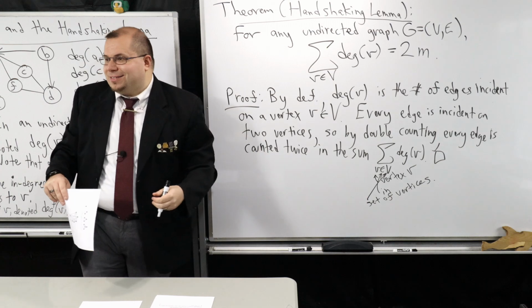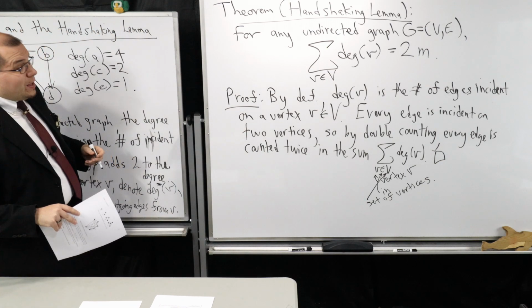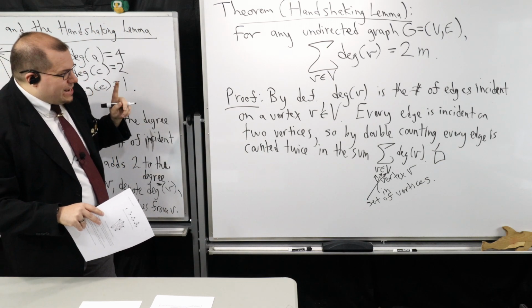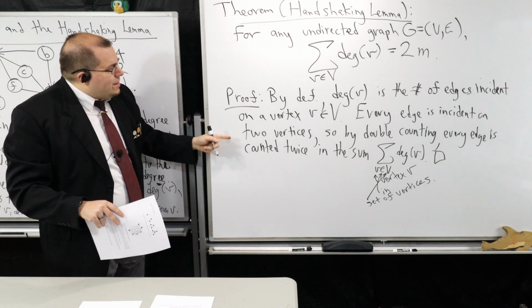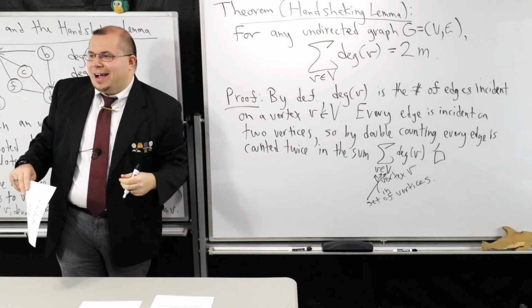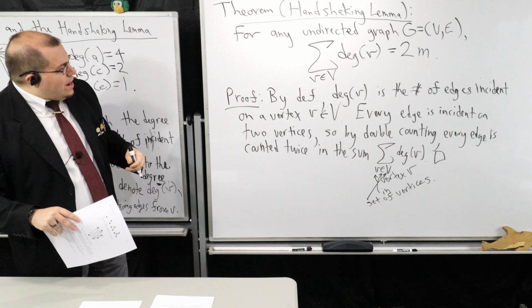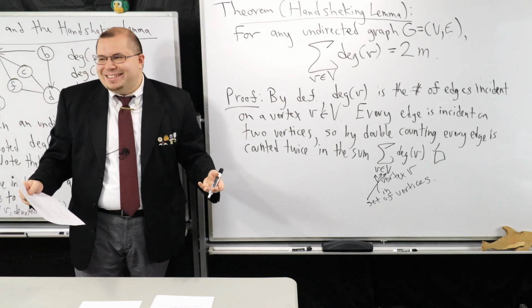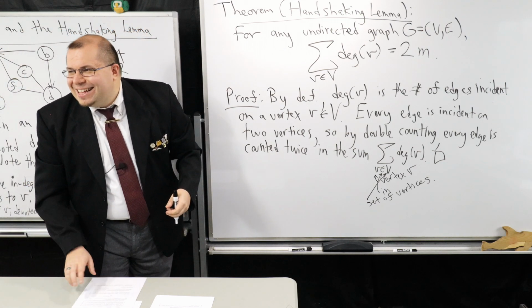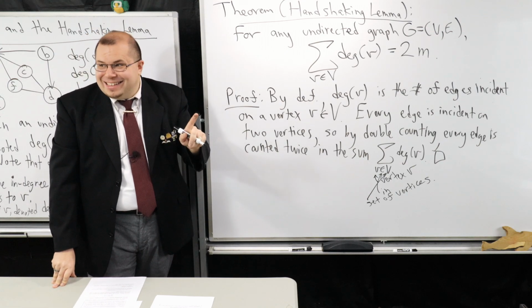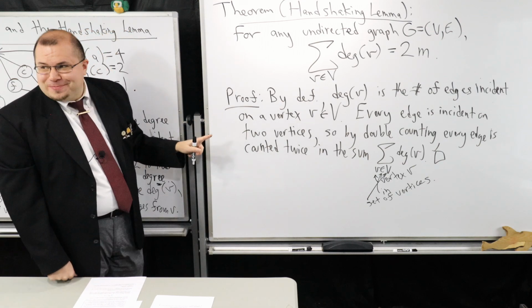All I'm doing is plucking out each vertex from the set of vertices, and then I examine the degree it has. Now, if you look at my proof, and I said that this works for any undirected graph, you notice that I didn't really say anything about loops. Did anybody notice that?